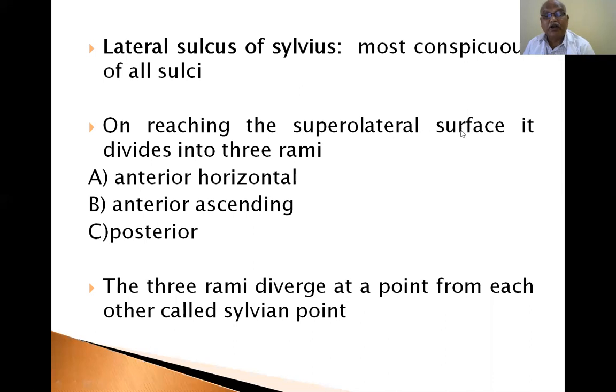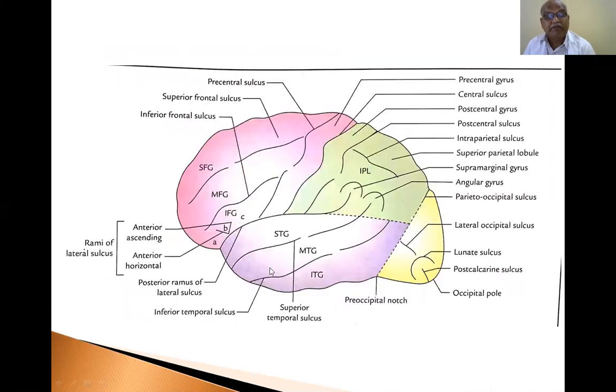On reaching the supralateral surface, it divides into three rami: anterior horizontal, anterior ascending, and posterior. The three rami diverge from each other at a point called the Sylvian point. I will show you the Sylvian point.